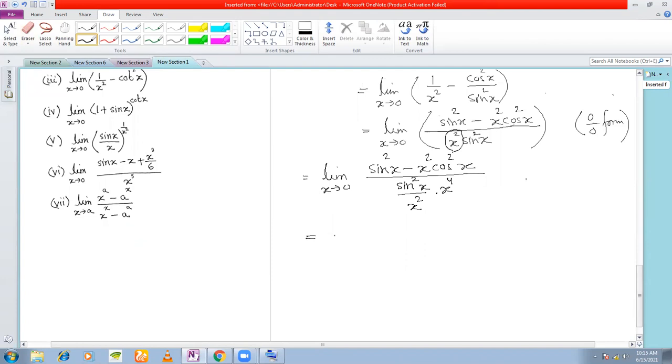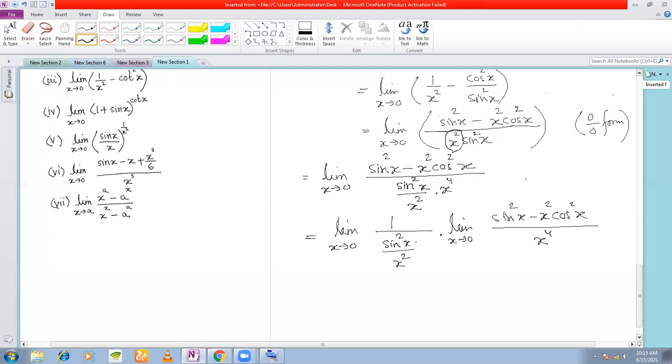Now that means you can write this as limit x tends to 0, 1 by sin square x by x square, into limit x tends to 0, sin square x minus x square cos square x divided by x to the power of 4.